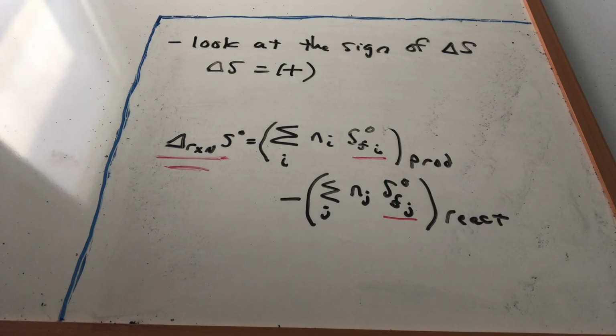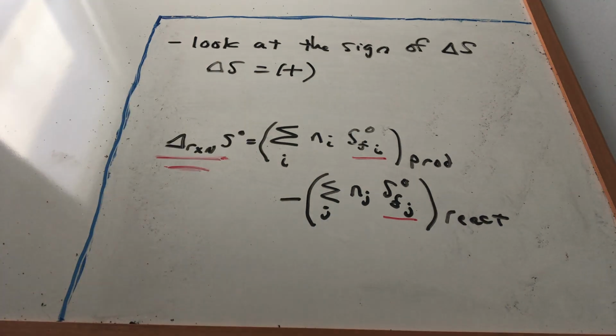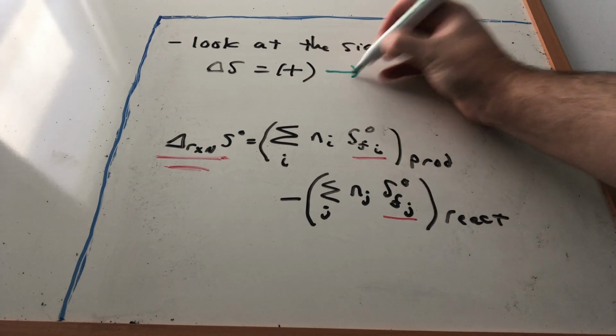What does that mean physically? This has nothing to do with spontaneity. It's not delta S of the universe. If you do this math and get a delta S that's positive, all that means for us, the way that we interpret it, is that disorder increased.